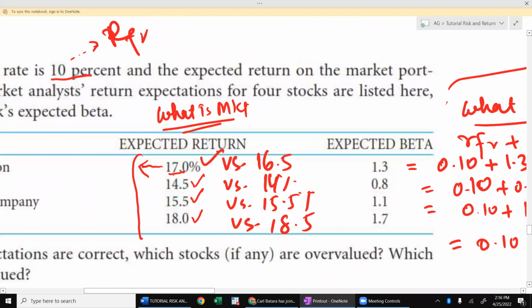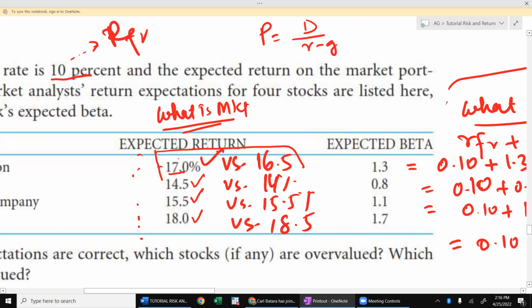First is what is happening in the market, that is 17%. And second is what should be the return, that is 16.5. If you remember this formula, P equals D over R minus G, because D and G will remain the same, right?